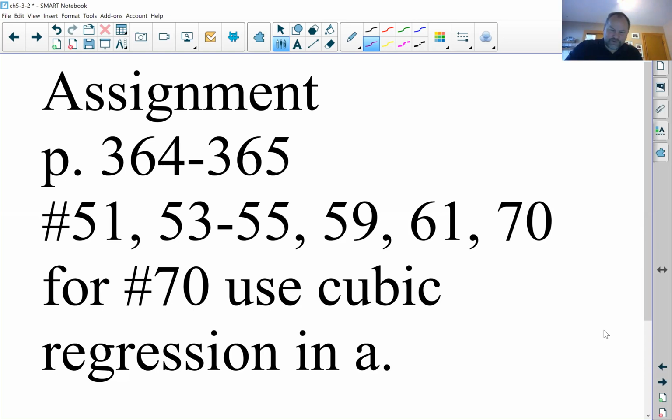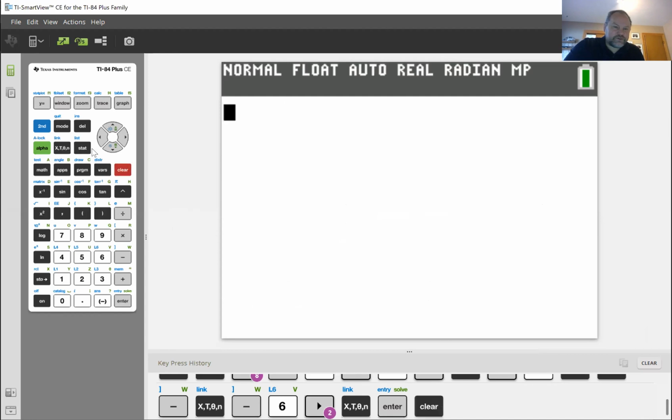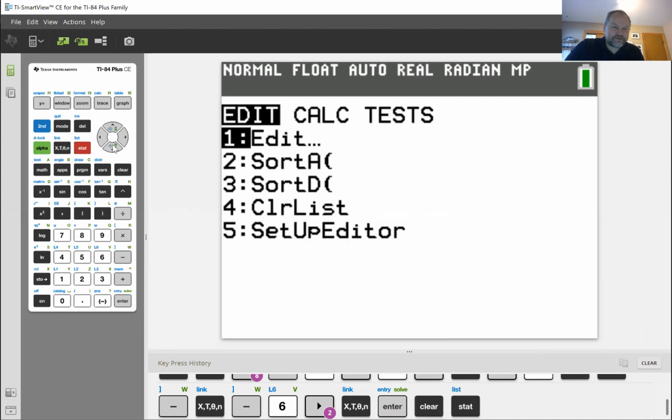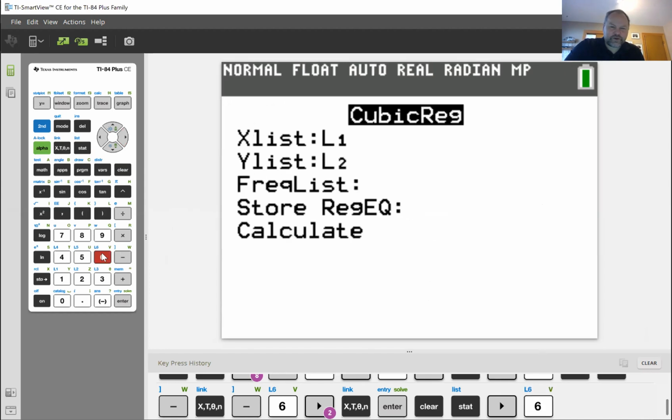So you'll enter the data into your calculator, and once you have it in your two lists, you will choose Stat, Calc, and option 6 is cubic regression.